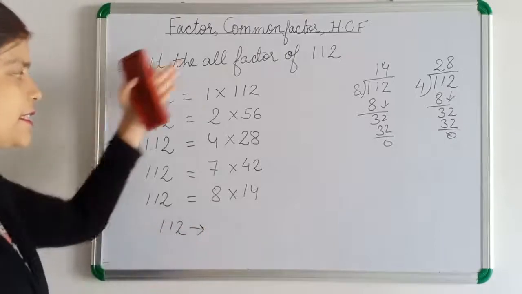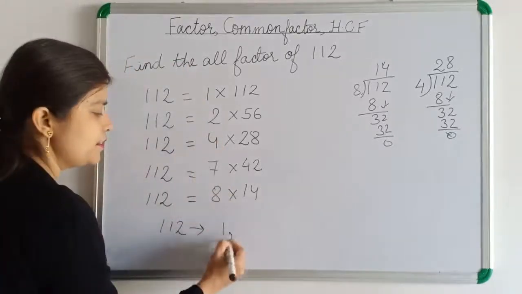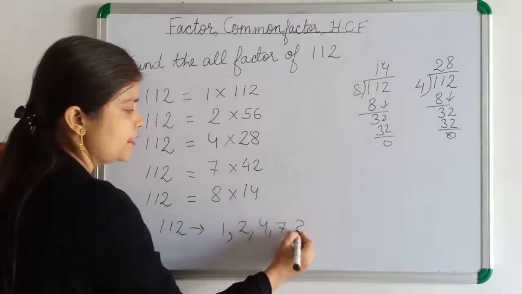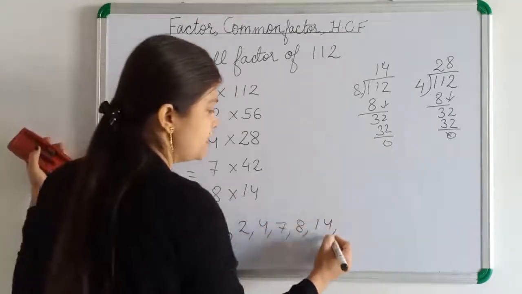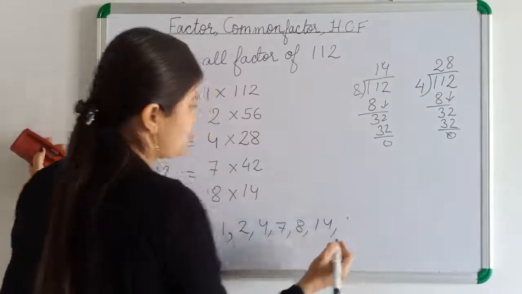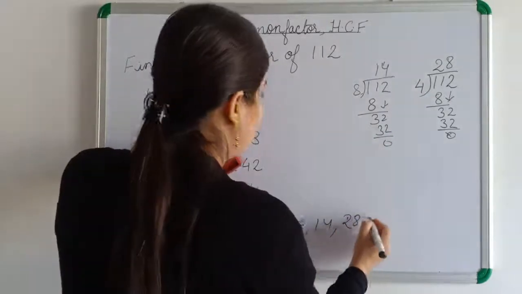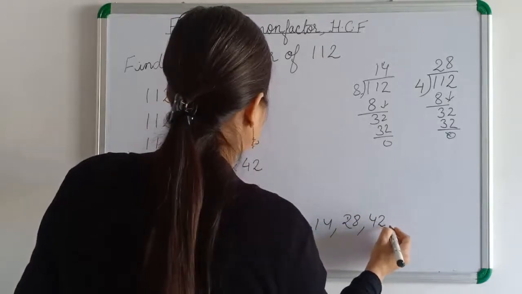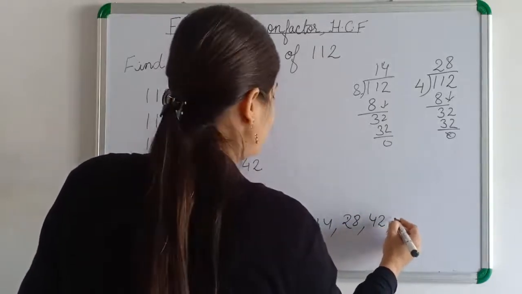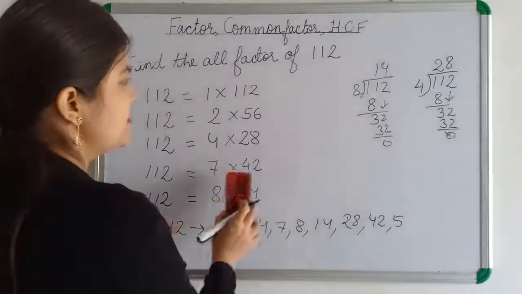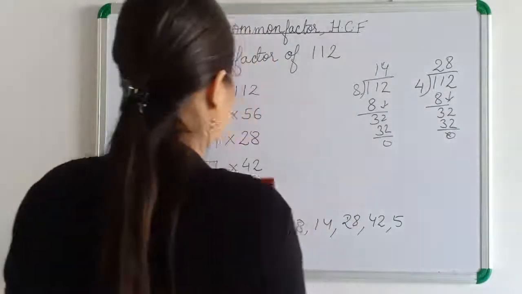We can arrange them in ascending order. You can see here 1, 2, 4, 7, 8, 14, 28, 42, 56. How is it possible? It will be 12 only, I think.